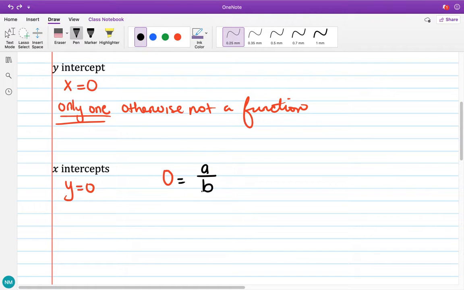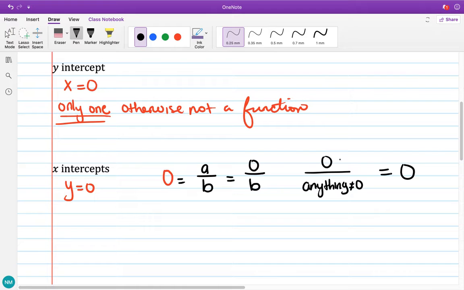Well, if b equals 0, it's undefined, right? But if a equals 0, so it's 0 over anything, then the entire thing pretty much cancels out, because 0 over anything not equal to 0 is equal to 0.